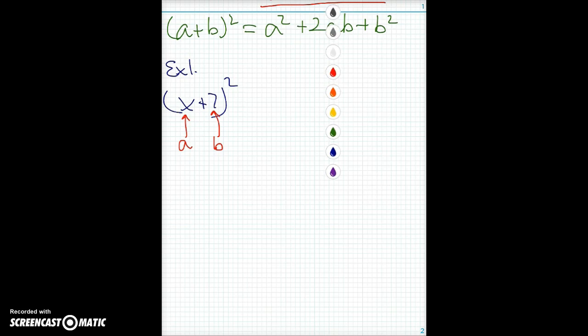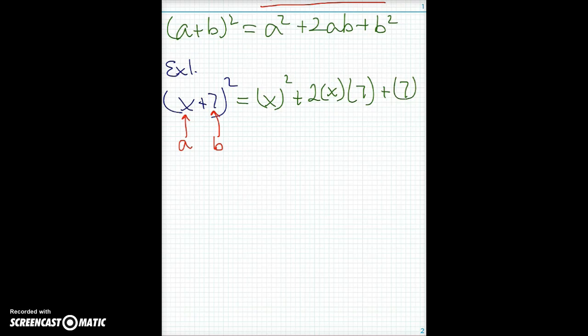So what we should end up with, following our pattern, is that a squared should be x squared, plus 2 times a, which is x, times b, which is 7, plus 7 squared.